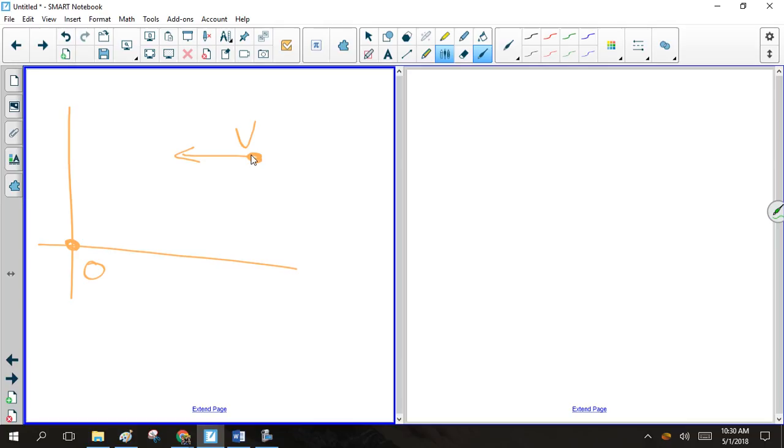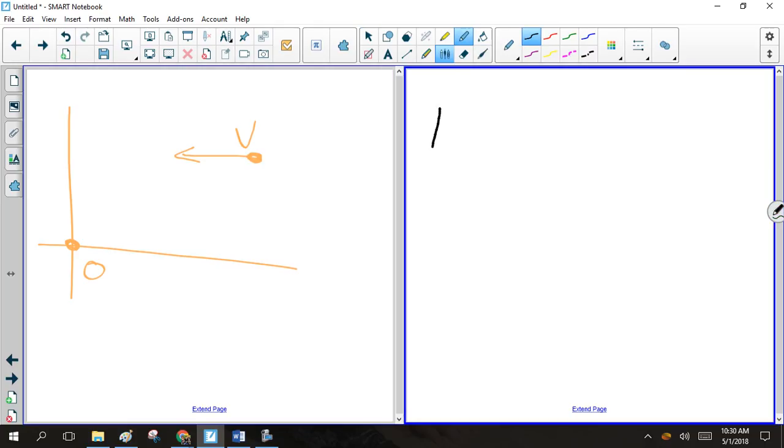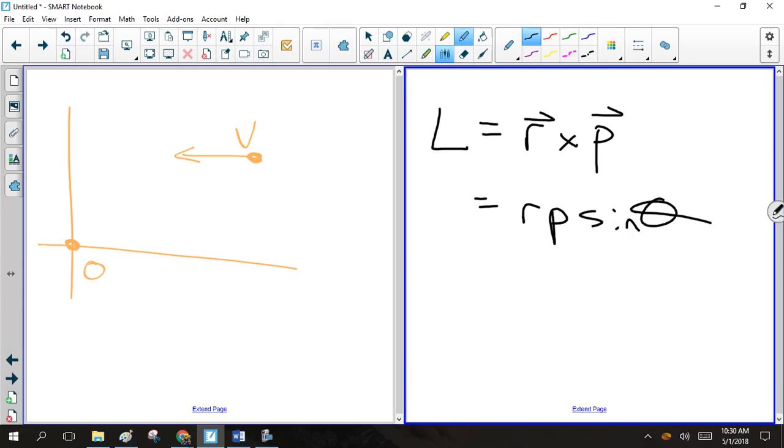If you look at the equation sheet that you're given for the test, it tells you that angular momentum is, where's the sheet? How do they express it? They express it as r, as in your radius vector, cross your momentum, which means r times p times the sine of theta, where theta is the angle between the radius and the momentum vector.